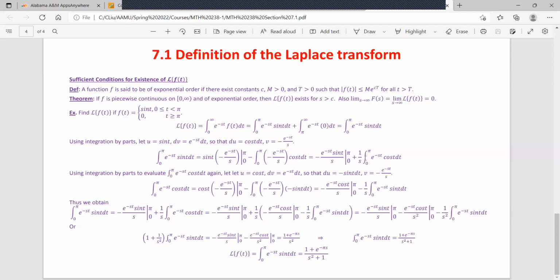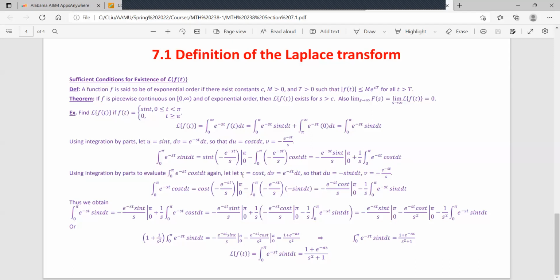Now we need to use integration by parts again to evaluate the integral of e to the negative st cosine t. This time we're going to let u equals cosine t, and dv equals e to the negative st dt. Okay.